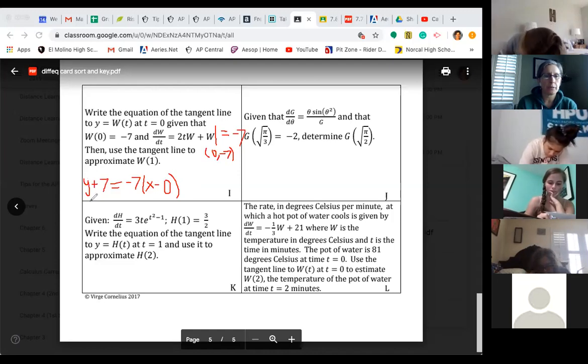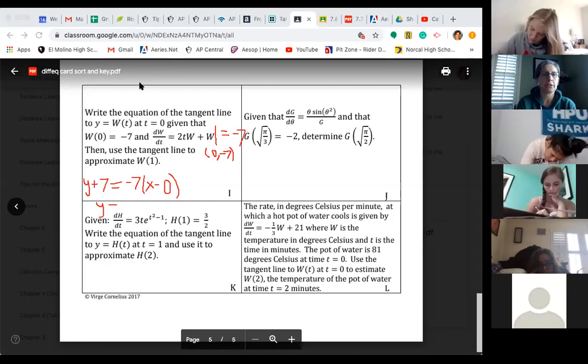So you could then rewrite this as y equals -7x. Would that be -7? Right? Subtract that 7 over to the other side. And then you would substitute in the value to x.